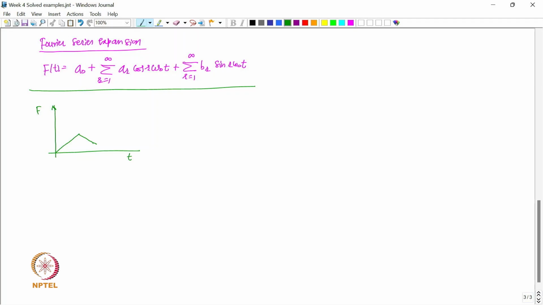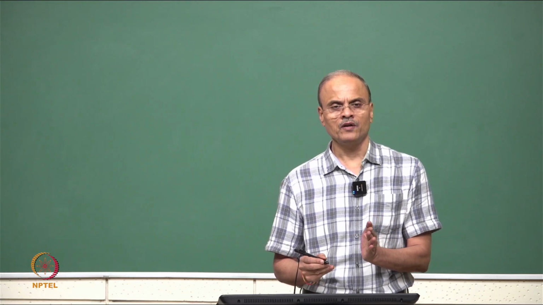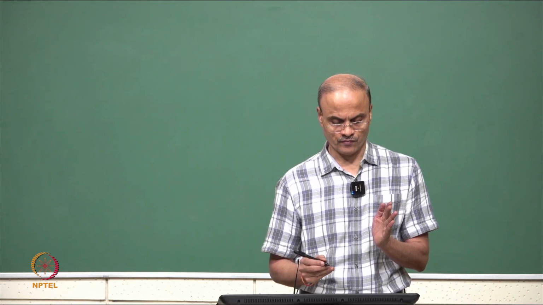If I look at one period of the signal, then it is like this. This is T naught, 0.1 second, and this is 0.05 second. So, the signal for 0 to 0.05 has one equation for f of t, and from 0.05 to 0.1 second there is another equation.